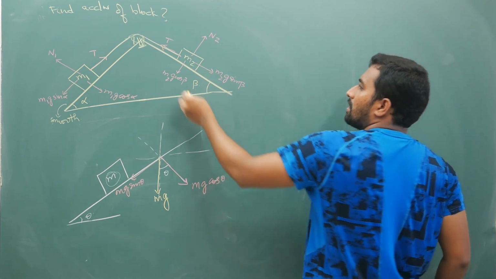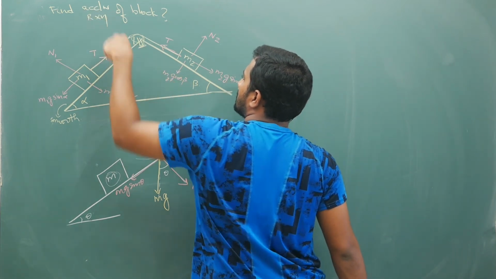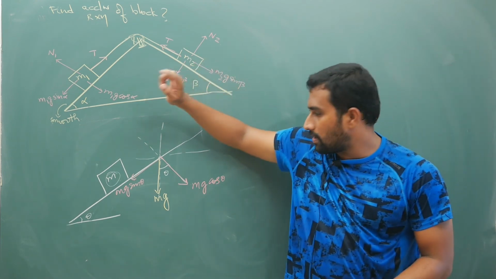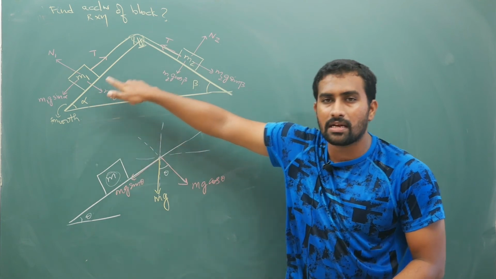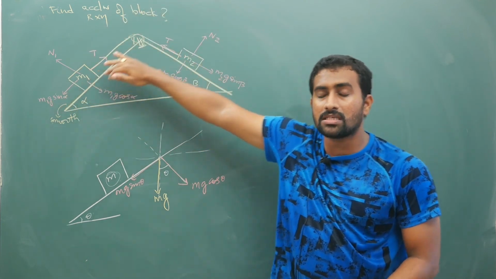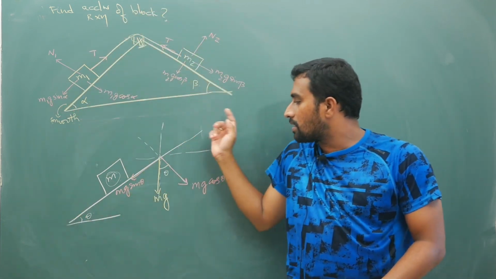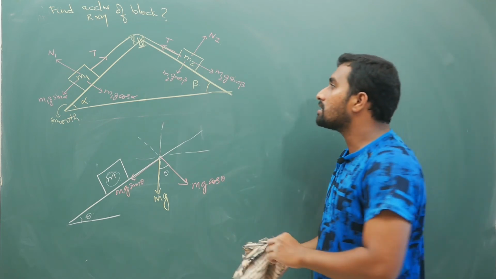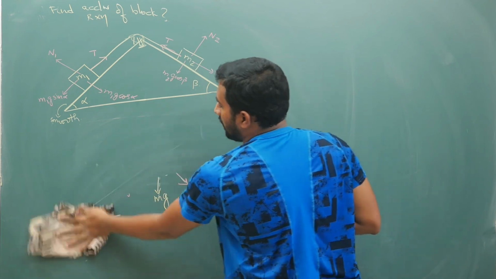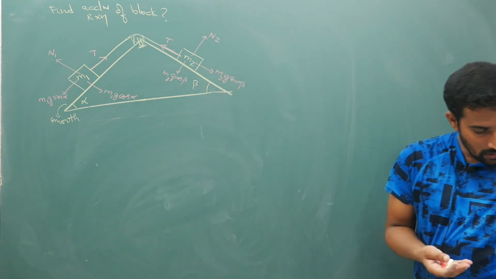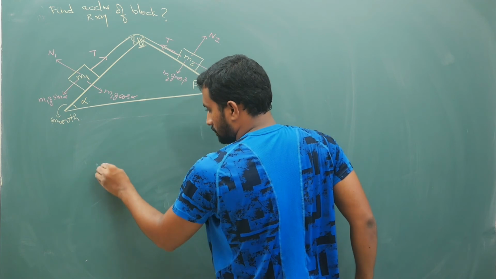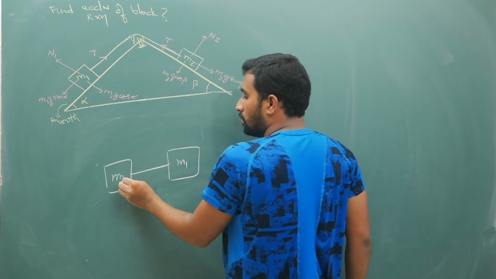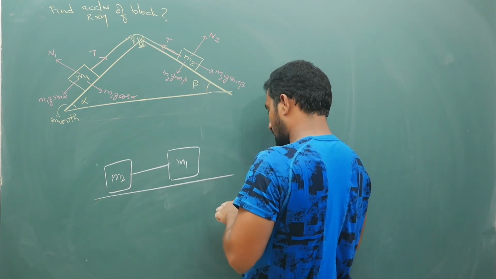So here the acceleration of the block as well as the reaction is my question. Now I want you to understand point number one: whenever you are given an inclined plane like this, because the body motion is parallel to the inclined plane, we will resolve the forces parallel and perpendicular to the inclined plane. Now if I simply give you two blocks m1 and m2, it doesn't matter what mass I have.